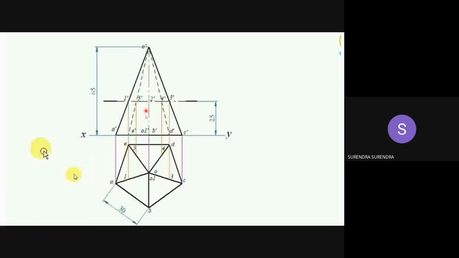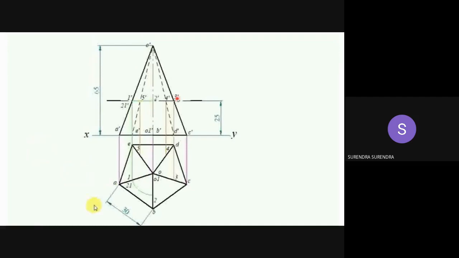What about 2 dash? 2 dash is on the BO line. If you draw a projection, you are not getting a specific point. So for this, project 2 dash to the extreme slant edge, either left or right.